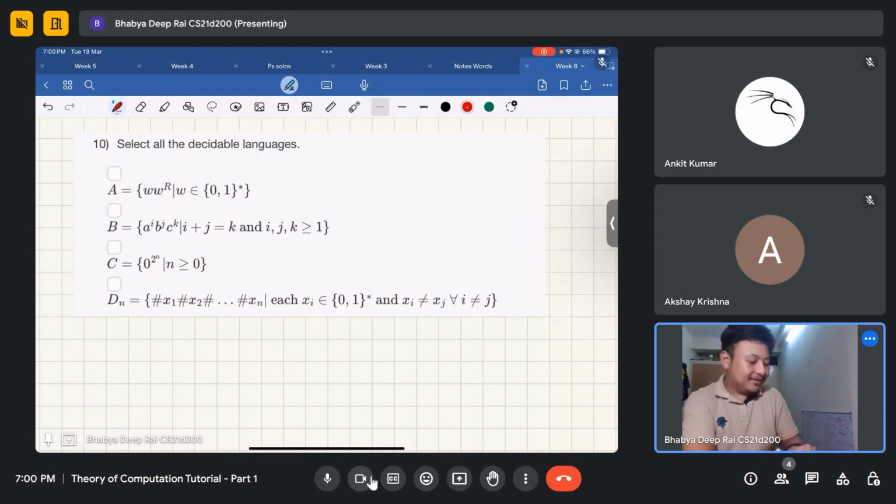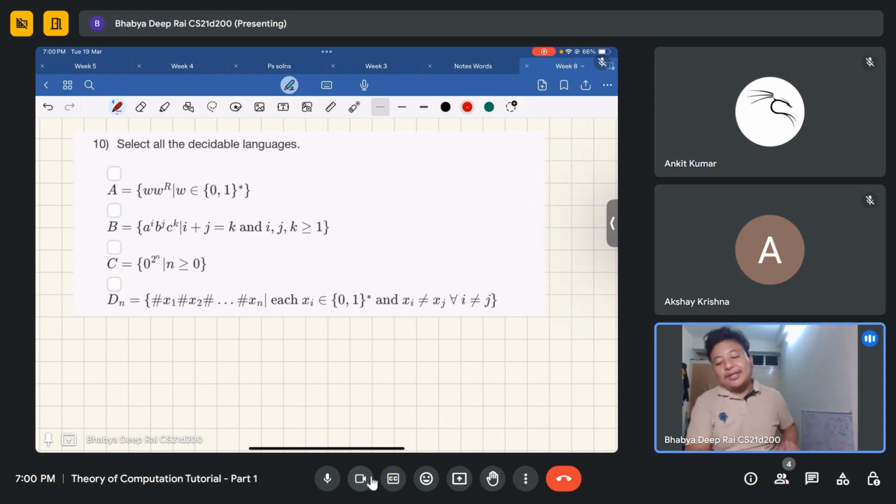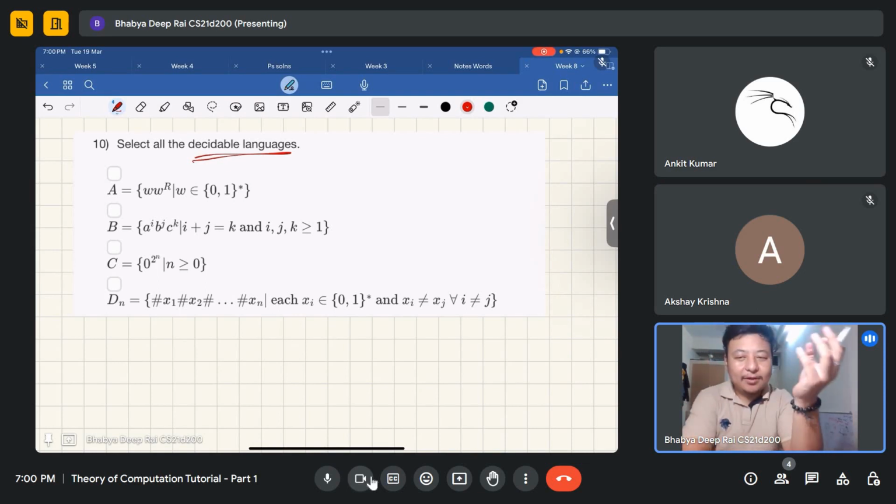Okay, so these are now simple questions on decidability. This can be quickly handled. The question says select all decidable languages. Here I give you a certain piece of advice. You don't need to think in very low level about decidability.